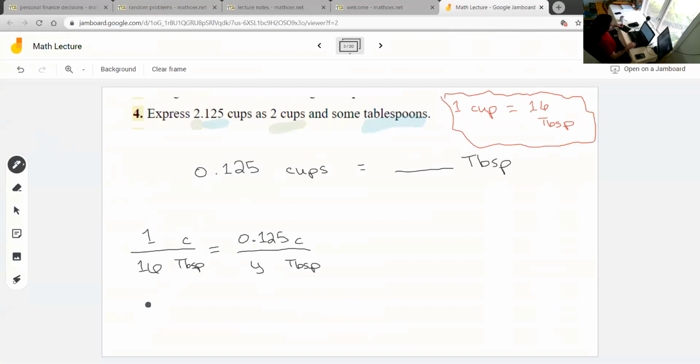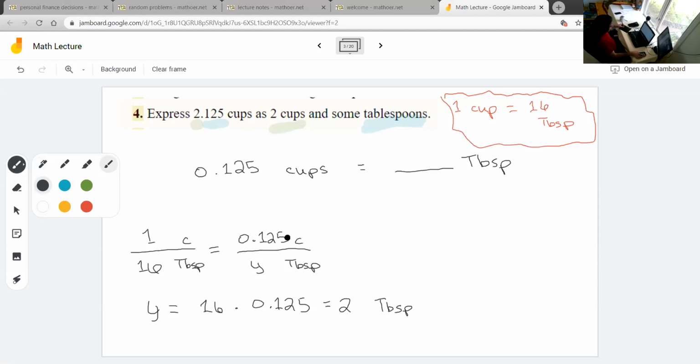So y times 1 is y, 16 times 0.125 is 2. So we have the 2 cups, that's just there.